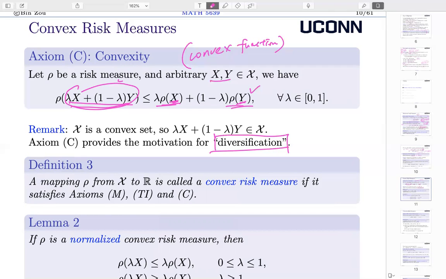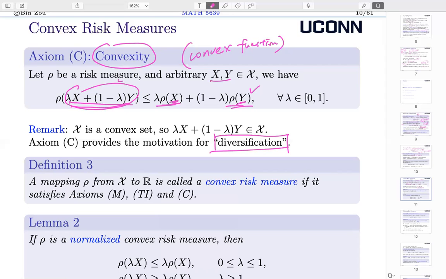In finance, in portfolio management, that is a fundamental idea or the foundation for diversification, right? We don't just invest in one stock, we invest in many stocks, hoping that the diversification can reduce risk. So that is the rationale behind this convexity axiom.